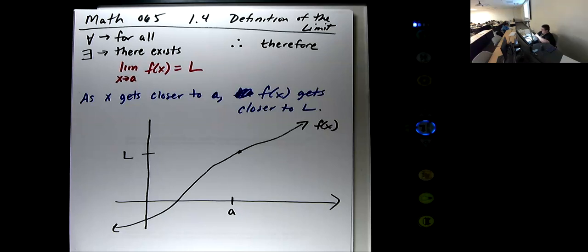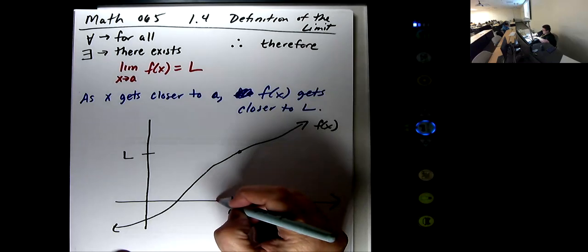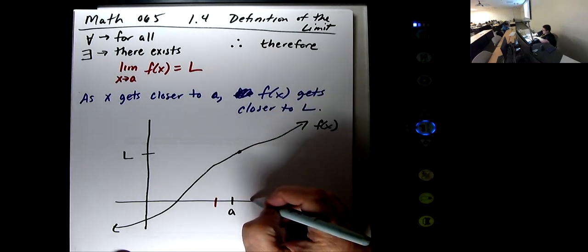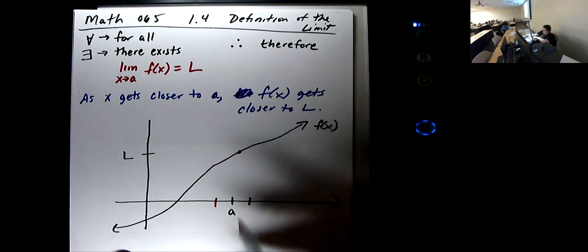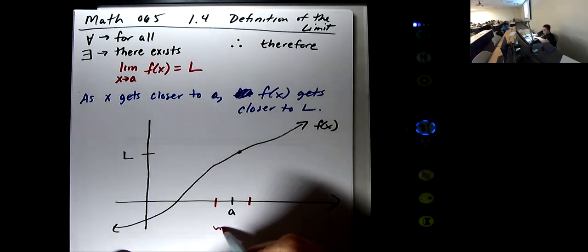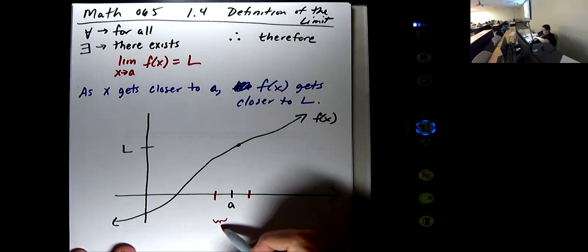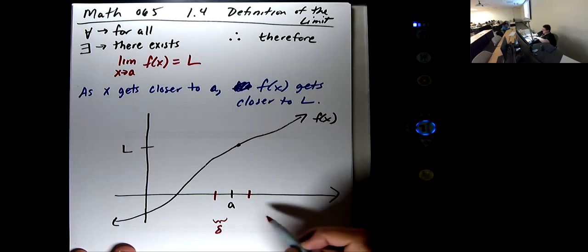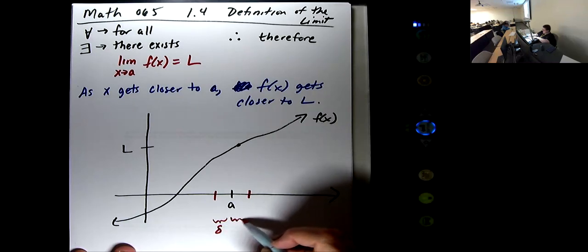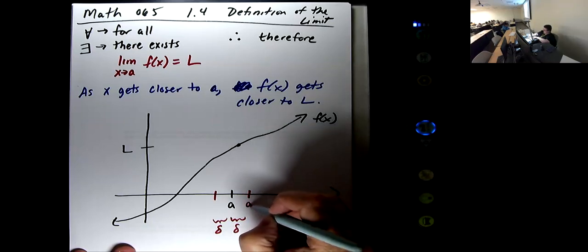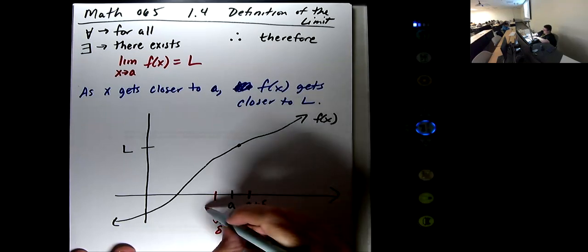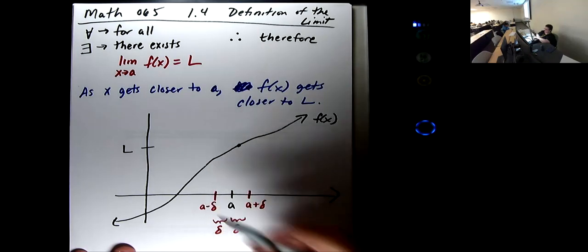So let's say there's a little window around a. As x gets closer to a, it could be coming from the left or from the right. We're going to call this width here delta. That width is delta. So the right side is a plus delta, and the left side is a minus delta.